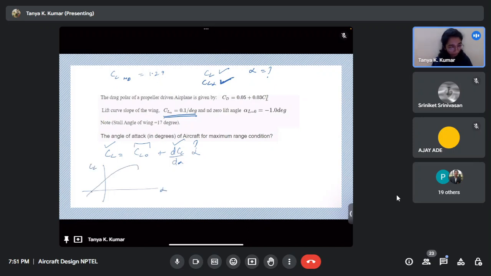You have this quantity that is minus 1 degrees. This is your CL naught, correct? From this graph, it's a straight, linear line. So how do you find out CL naught?